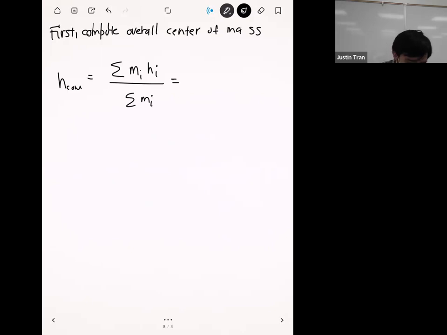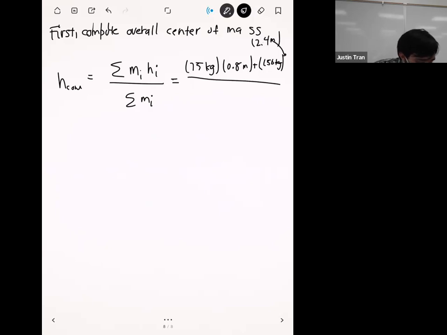In the numerator, we have two masses in the situation. First of all, we have the original body mass, which was 75 kilograms, and that one was 0.8 meters off the ground. To this, we add the mass of the weight, which is 150 kilograms, multiplied by its height off the ground, which is 2.4 meters.